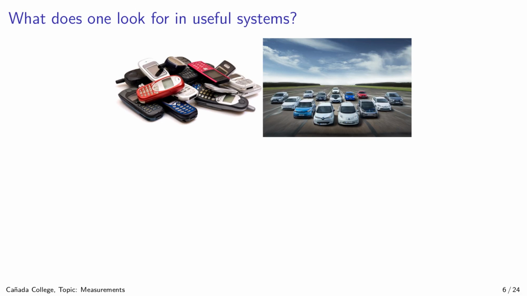Now let's look at this slide here, and I have two different engineering systems that we commonly see around us. One is the cell phone and one is the car or the automobile. So think about a cell phone. What do you think about a cell phone? For example, let's say you want to replace an old cell phone, or you want to go buy a new cell phone. What are the features you're going to look at?